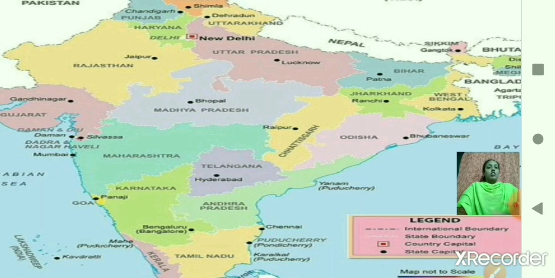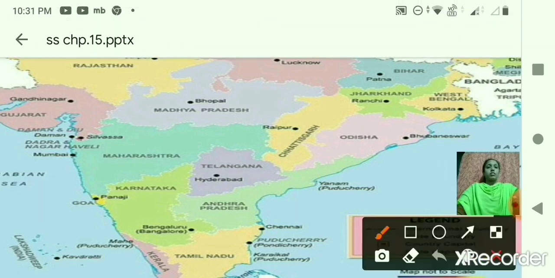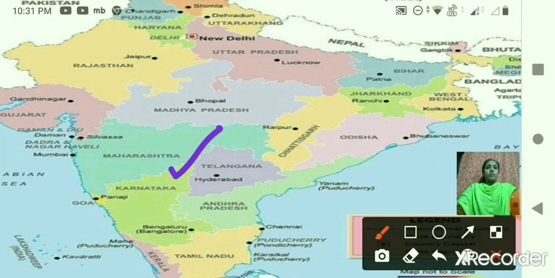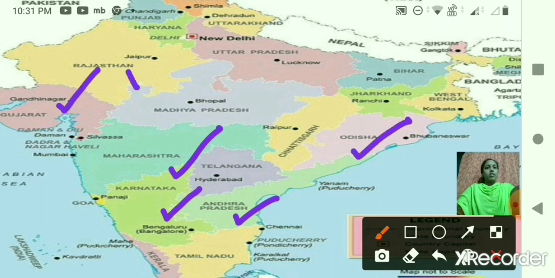Okay, so the regions, that is the states such as Maharashtra, Andhra Pradesh, Karnataka, then Gujarat, Odisha and Rajasthan.